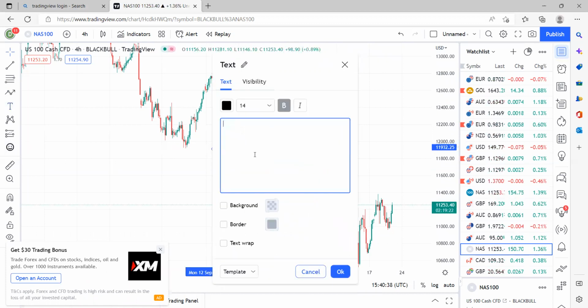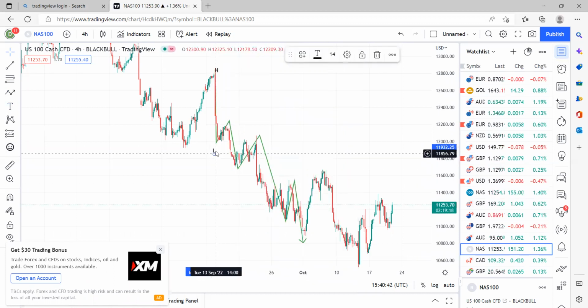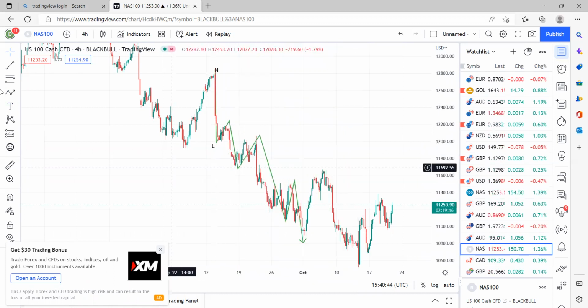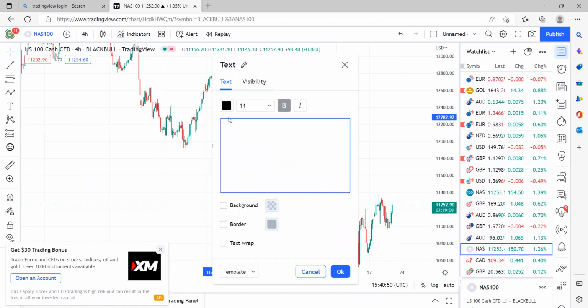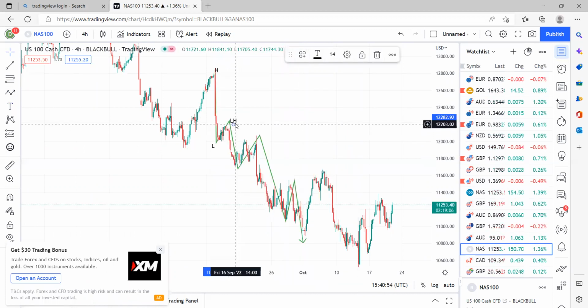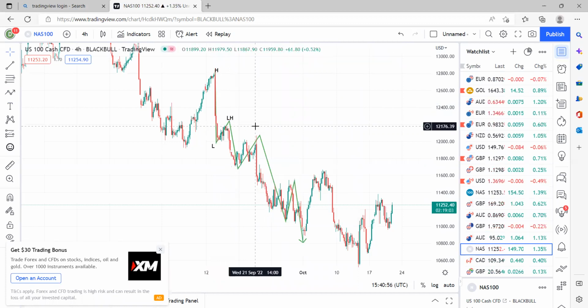We have our low here, our lower high here, our lower low here.